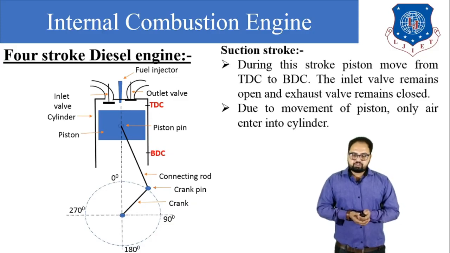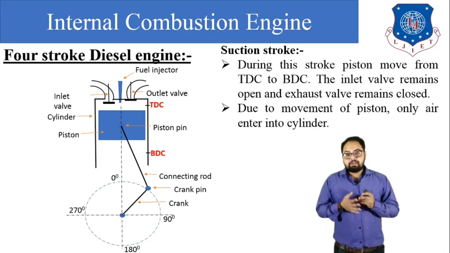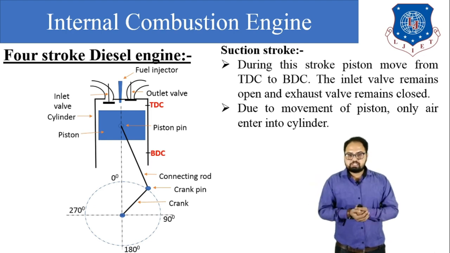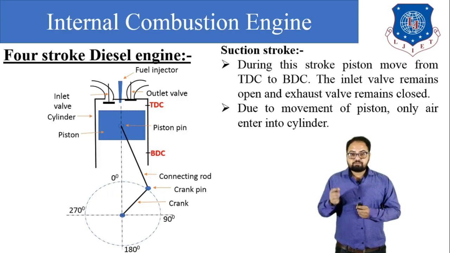So let's start with the strokes. First of all, what is the basic difference between the 4-stroke petrol engine and the 4-stroke diesel engine? In the 4-stroke petrol engine, a spark plug is used to ignite the mixture.